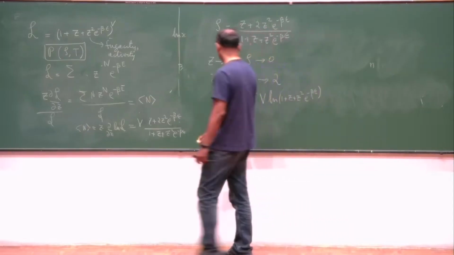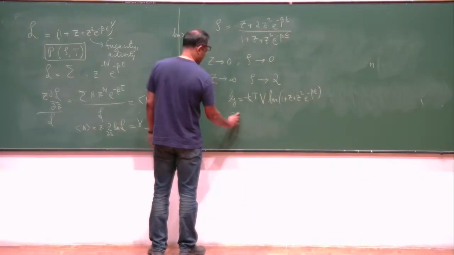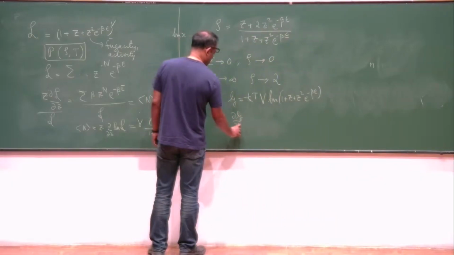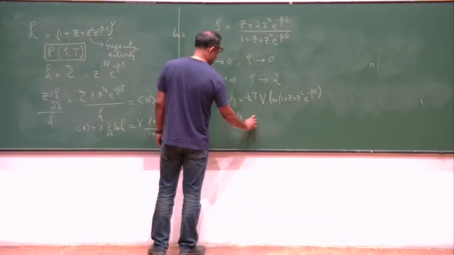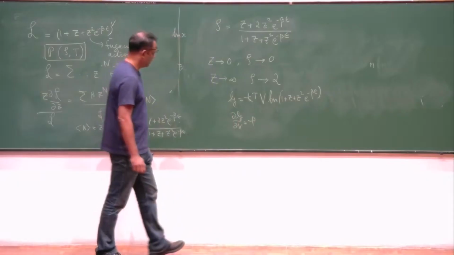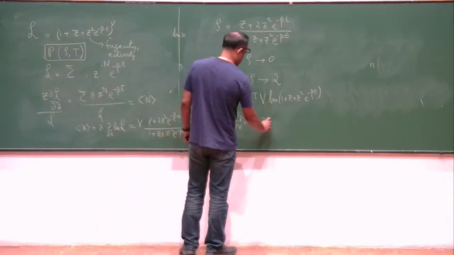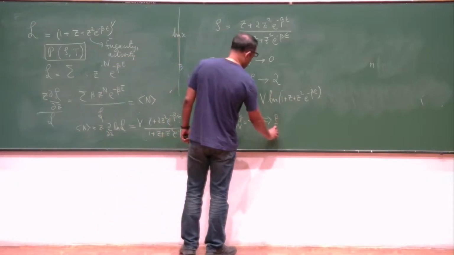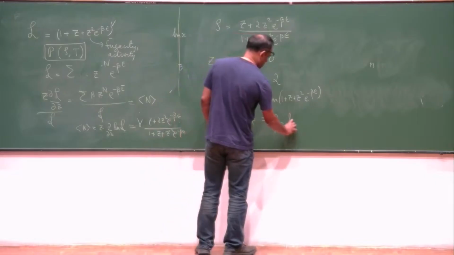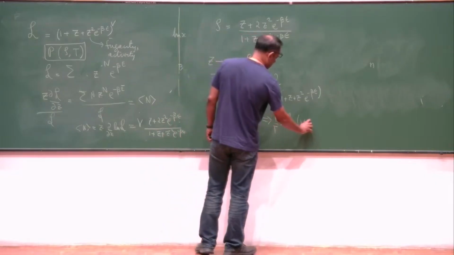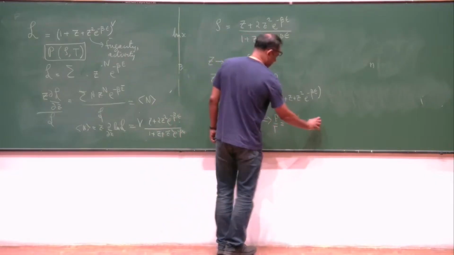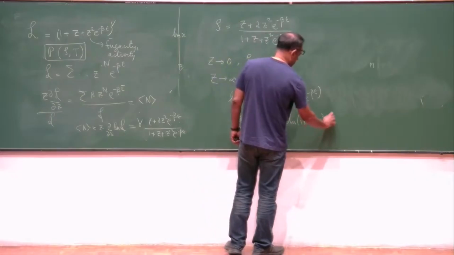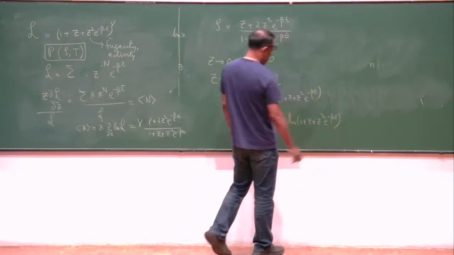Then you say that del g by del V is minus p, which implies p by T is log 1 plus. So that's it.